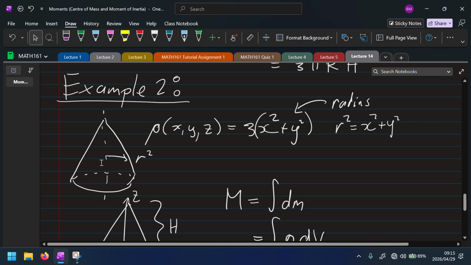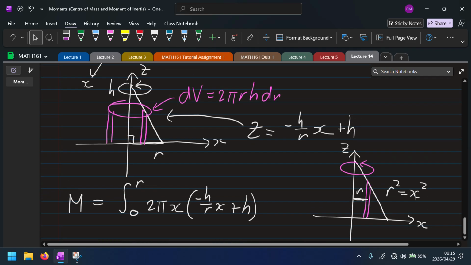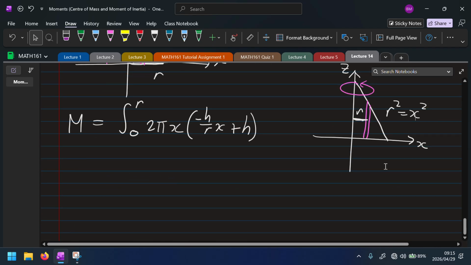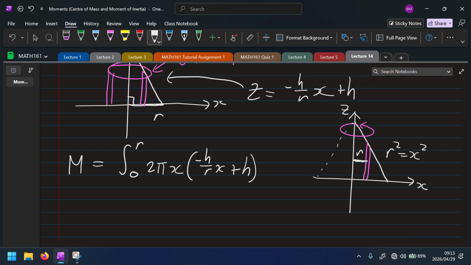Does everyone see that? Everyone good? Sure hope so. Right, because we took a slice. We take a slice of this. We get this following picture here. Or you can complete the picture if you want. That's still the radius over there. Okay, so let's fill that in.